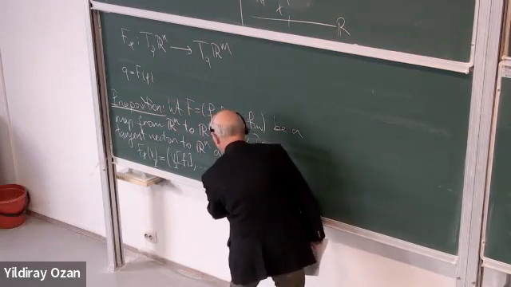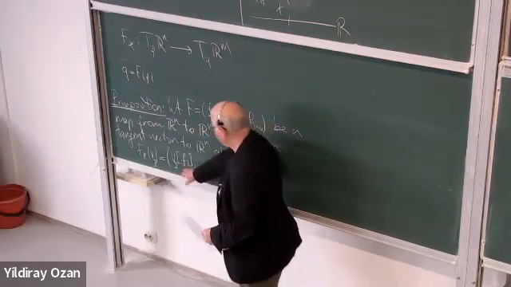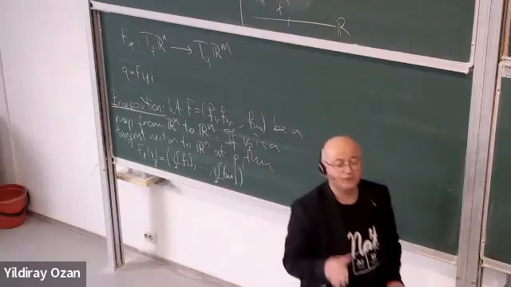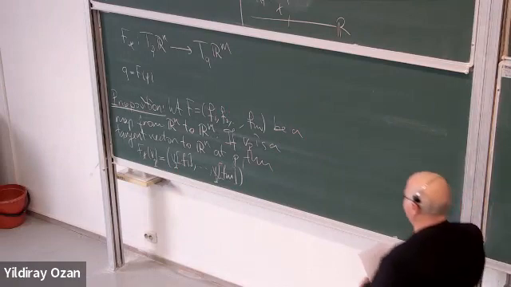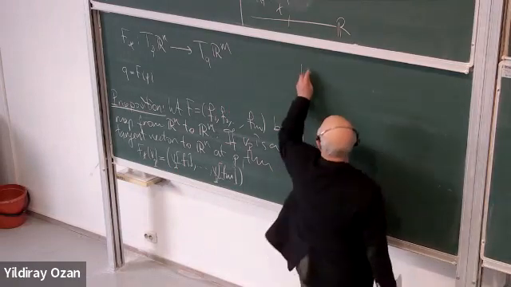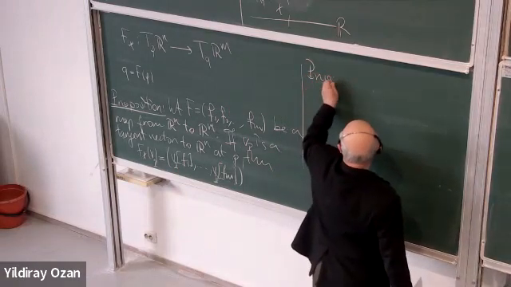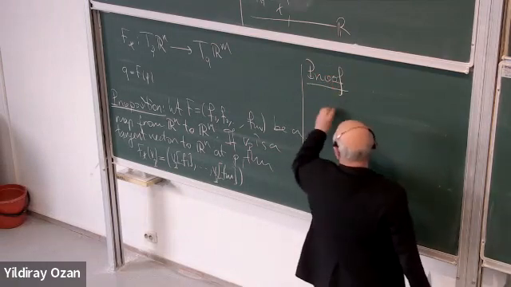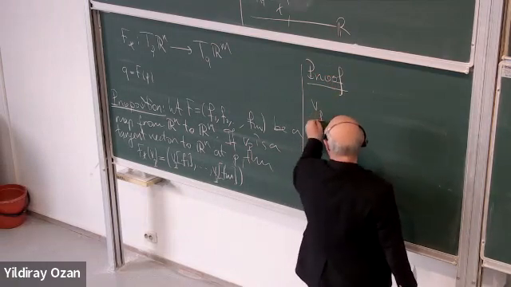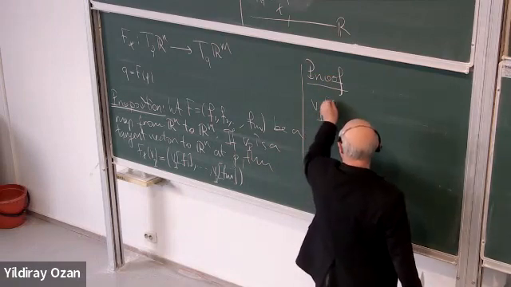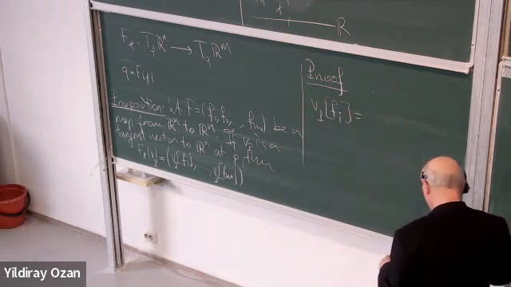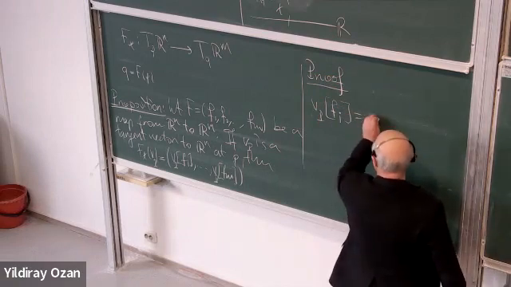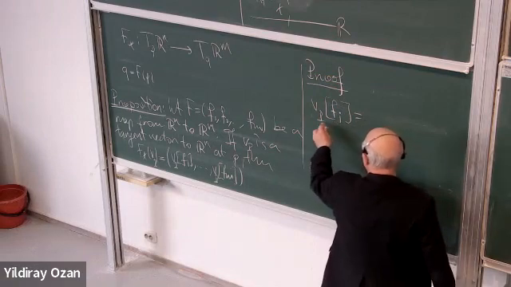So what are these gadgets? These are just the directional derivatives of the fi's at the point P along the vector v. Remember that. So, proof. Remember what this was: v_P of fi. This is nothing but the directional derivative of fi at the point P along the vector v.